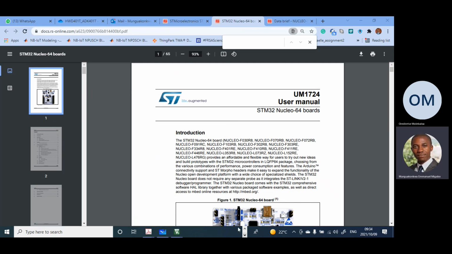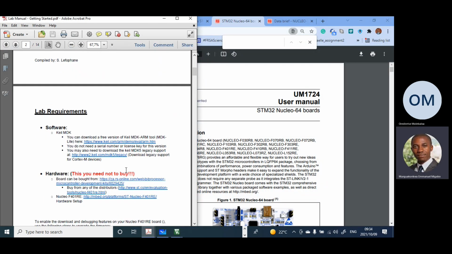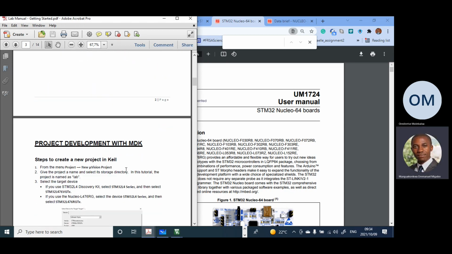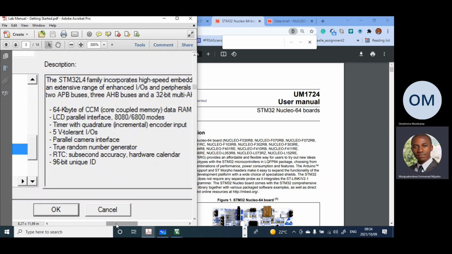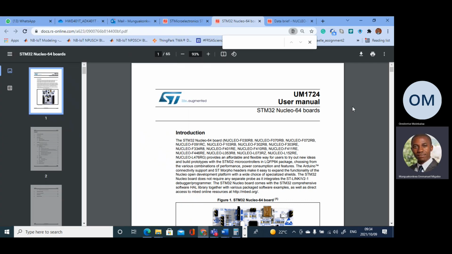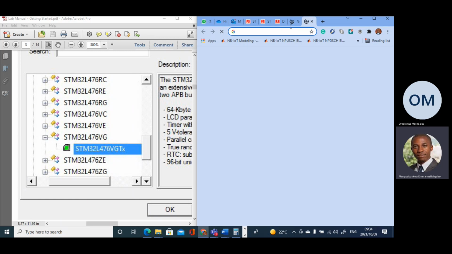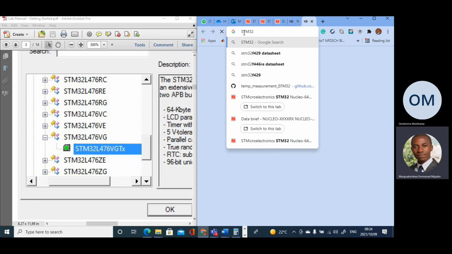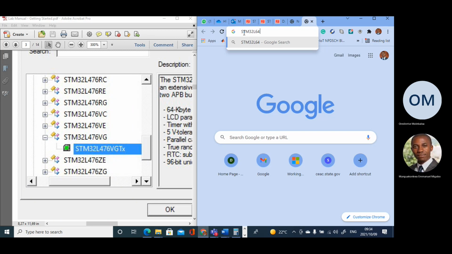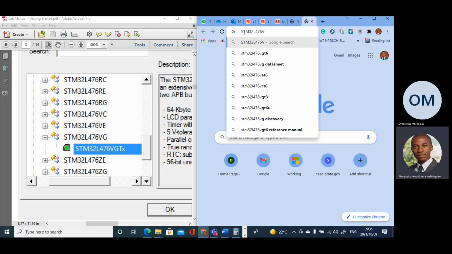The actual microcontroller from this family of microcontrollers that we are using is the STM32 L6VGT.